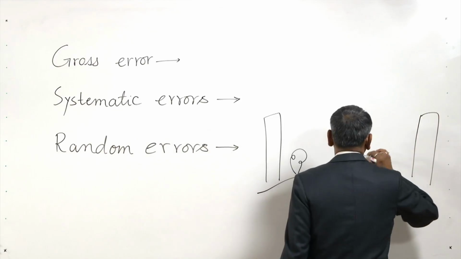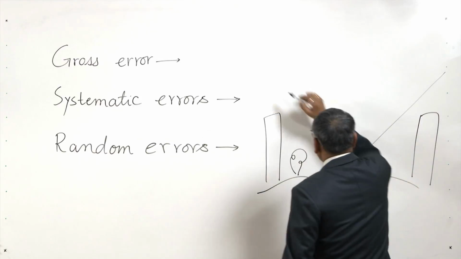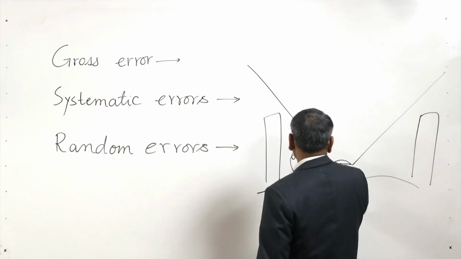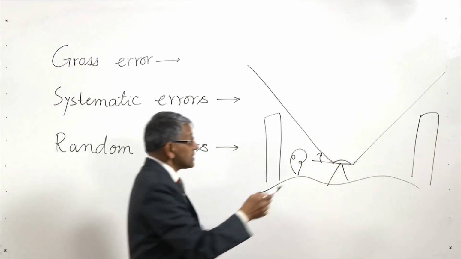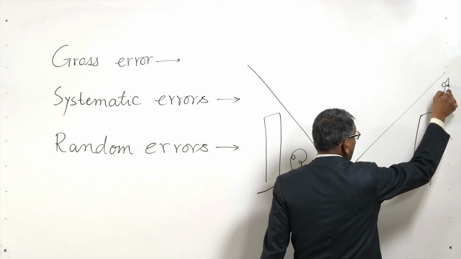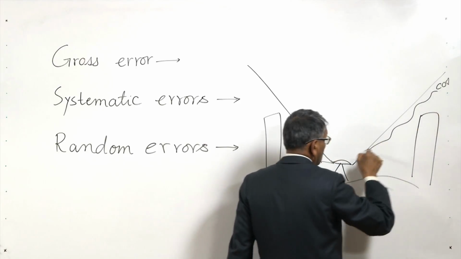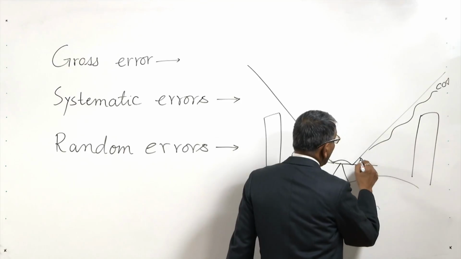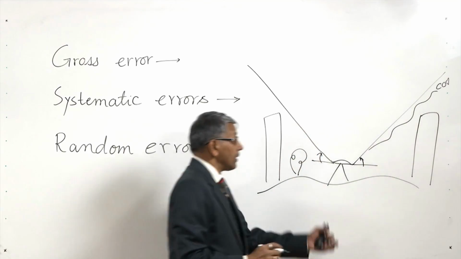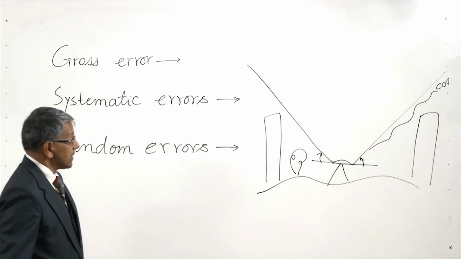We should take the cutoff angle in such a way that signals from a GPS satellite, suppose somewhere here, should not be allowed to come from below the obstruction, by making the cutoff angle more than the obstruction.